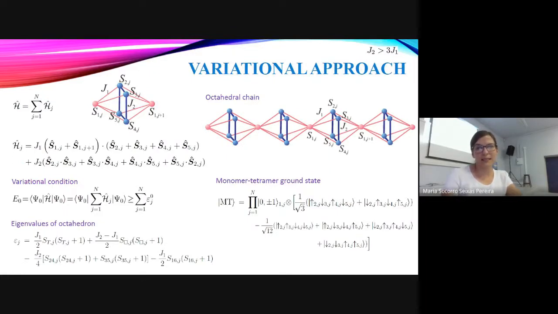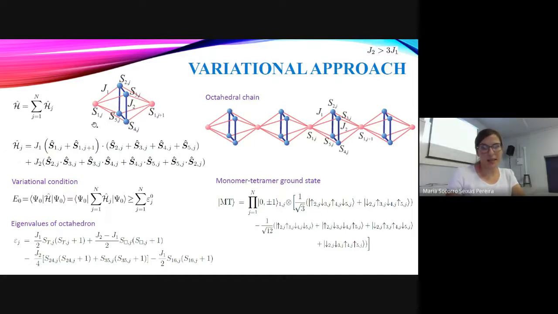In order to find the ground state in the highly frustrated parameter region, when J2 is greater than 3J1 in zero magnetic field, we have used a variational approach. This method lies in the fact that the Hamiltonian can be decomposed into cluster Hamiltonians, and these cluster Hamiltonians are related to the Heisenberg octahedra.